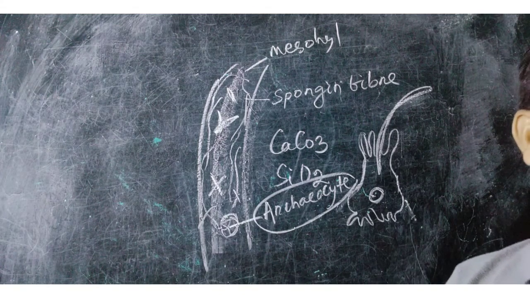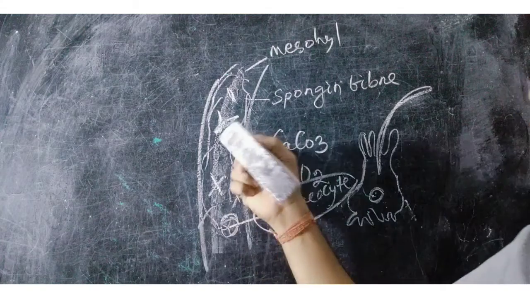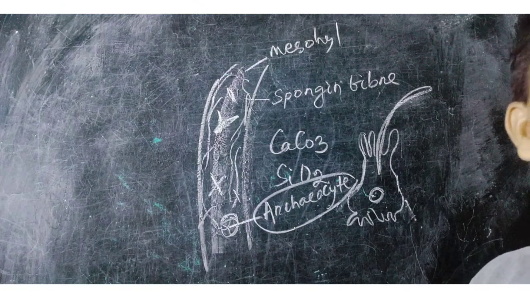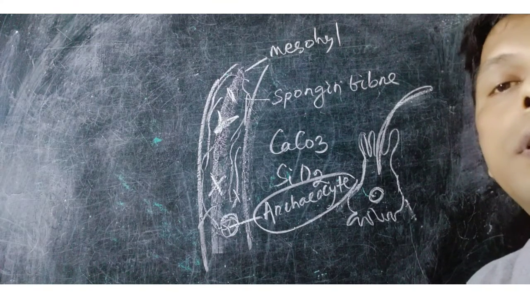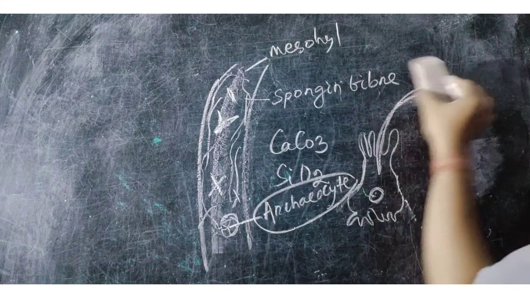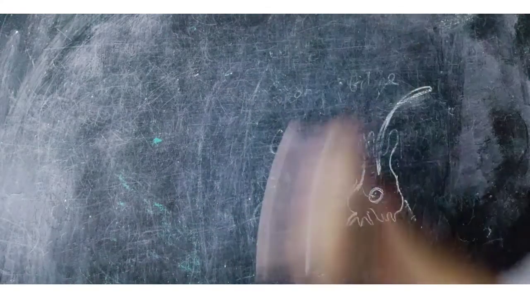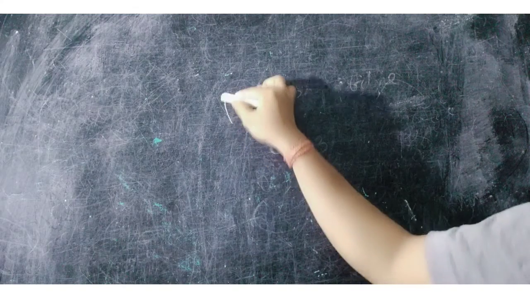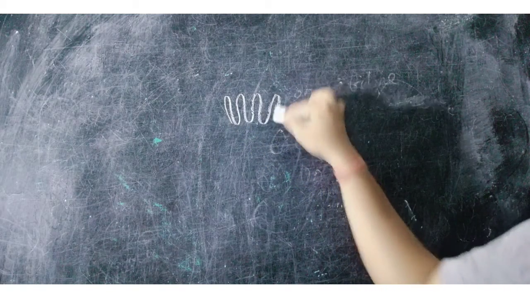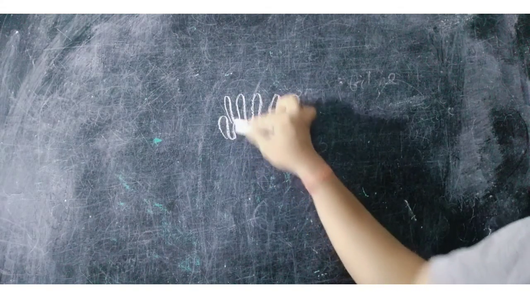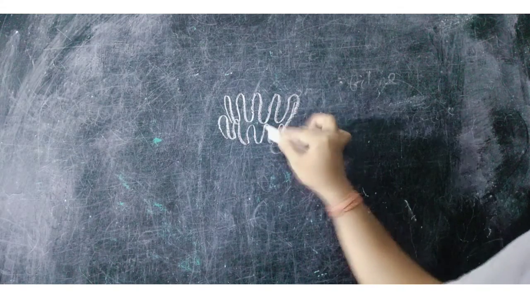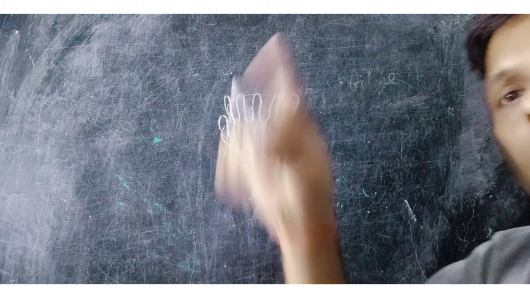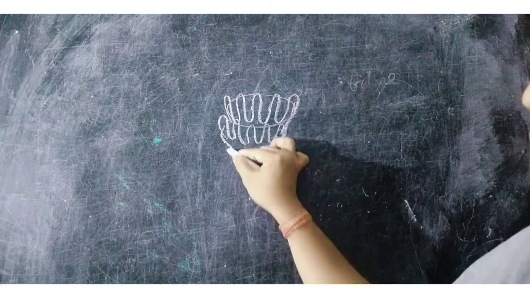The inner flagellated cell, the guanocyte cell, has specific functions. Let's discuss in detail. The guanocyte cell consists of a collar, a circle of villi-like structures.